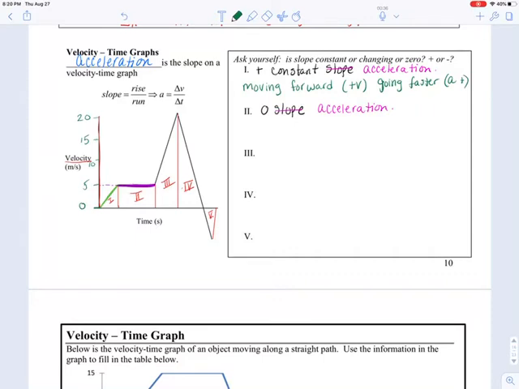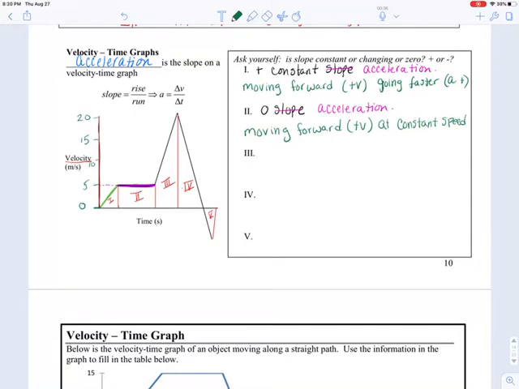Okay, so with a 0 slope on a velocity time graph, that doesn't mean you've stopped moving. It just means you're still moving forward, and I know this because my velocity is positive on the y-axis, but at constant speed. Meaning I'm not accelerating or decelerating, I'm at constant speed.